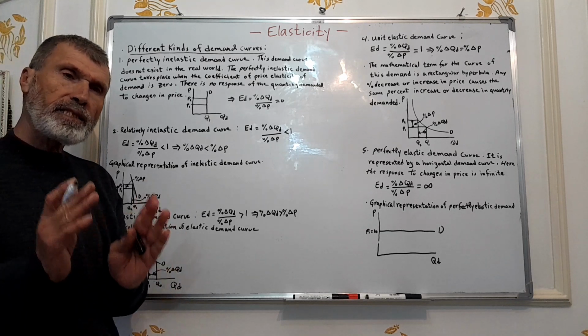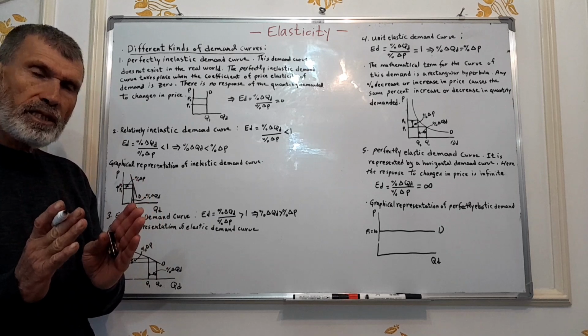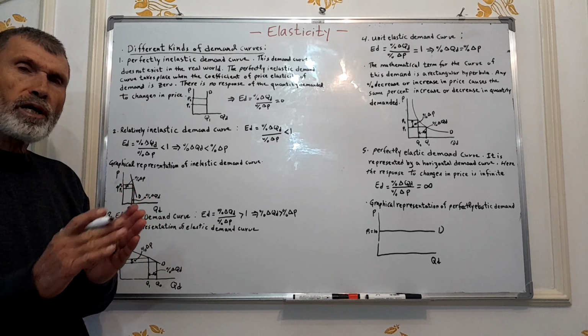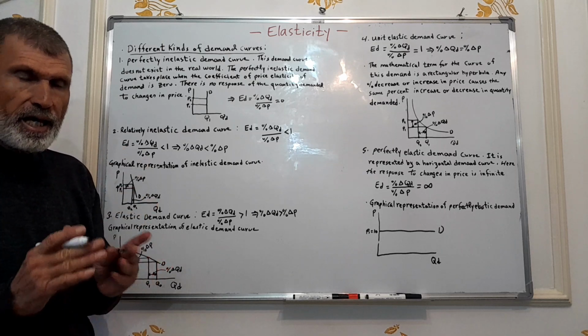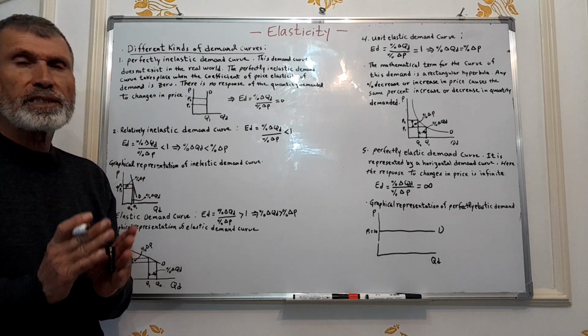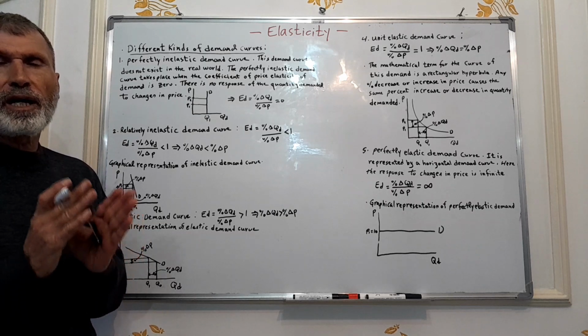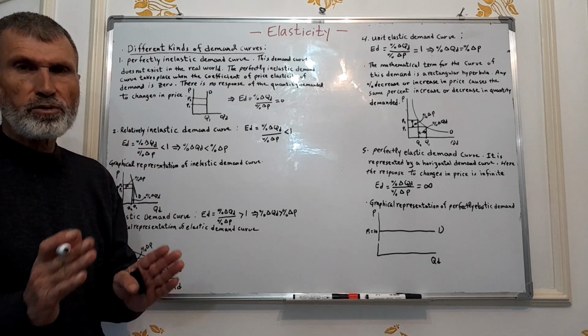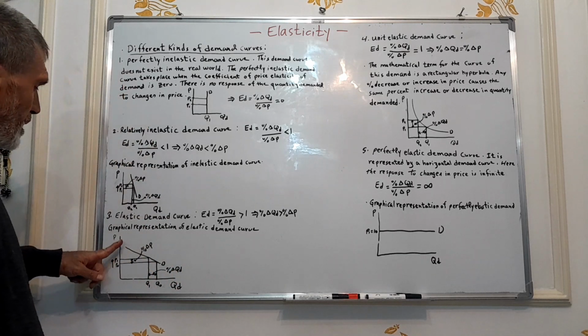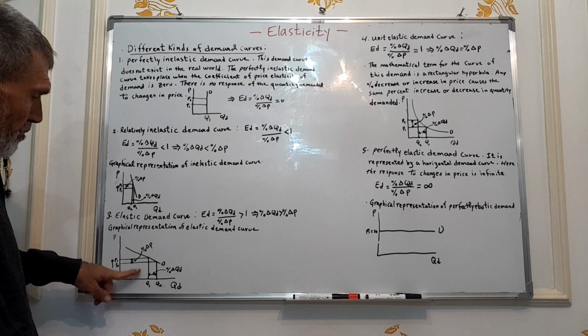The third type of demand curve is the elastic demand curve. The elastic demand curve is represented by a demand curve that is more or less flat, not sharp, not steep, however, it's flat. And the coefficient of the price elasticity of demand of the elastic demand curve is greater than 1, in absolute value. As you can see, this is the graphical representation of the demand curve.